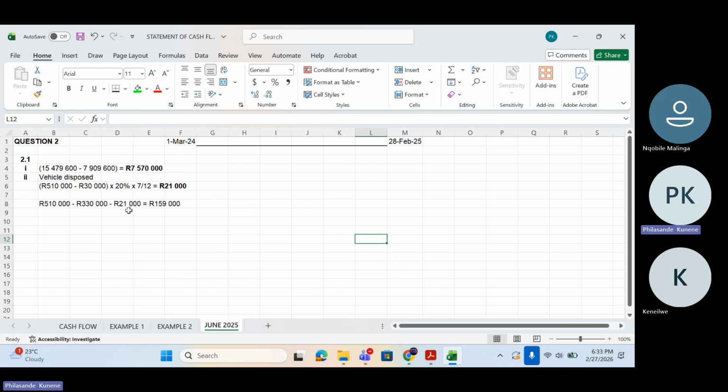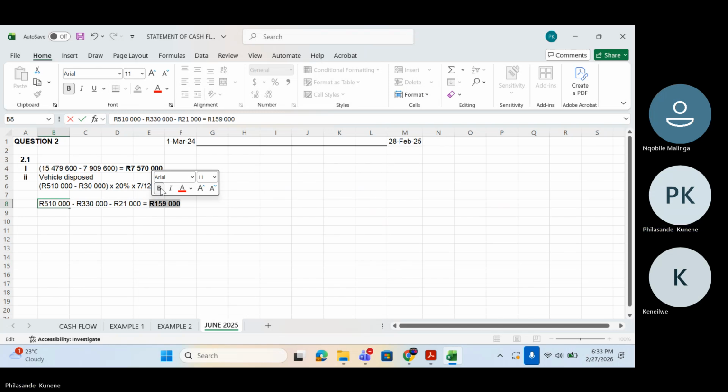Is that correct? 159,000. Very good. So that is going to be the carrying value of the vehicle that was disposed.